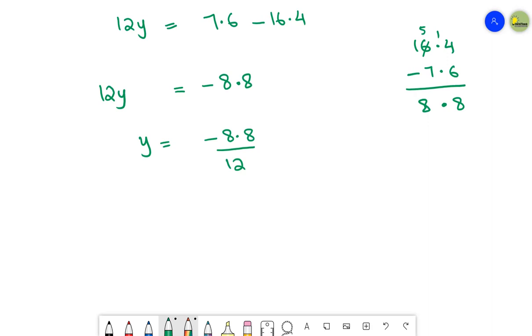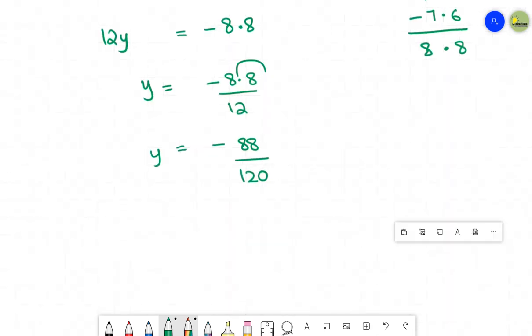Okay, so what you can do, in other words, you can make this 8.8 an integer value. How? By shifting the decimal over here. So it becomes minus 88 and add a 0 in the denominator. Why? You have shifted the decimal one time to the right, so you need to add a 0 here. Now divide.